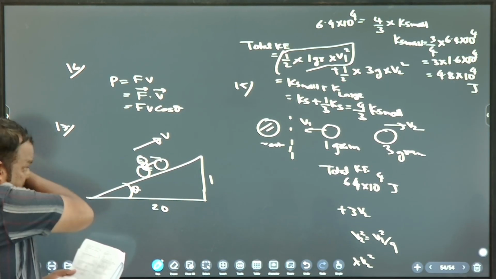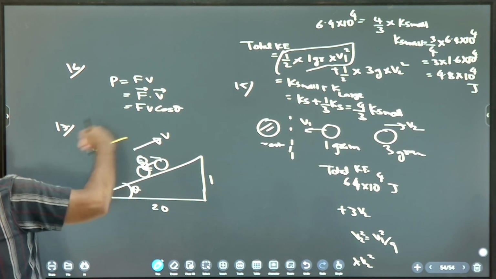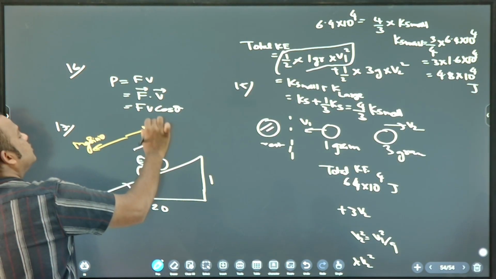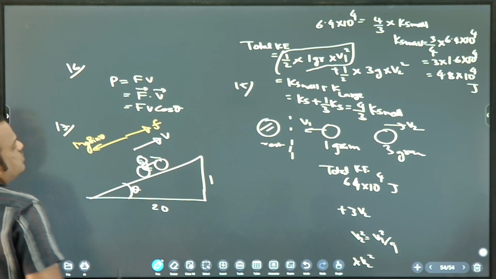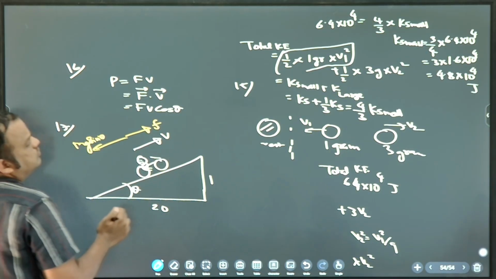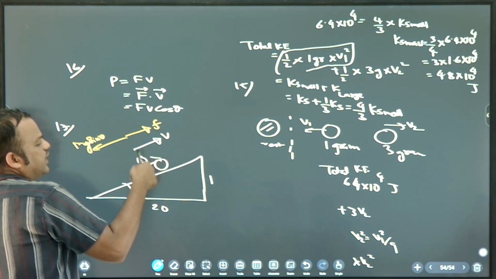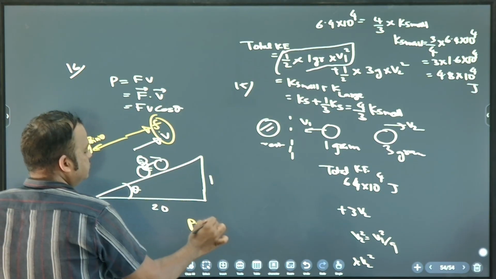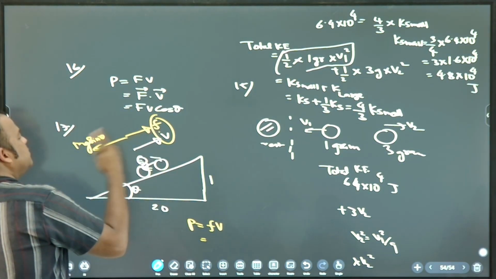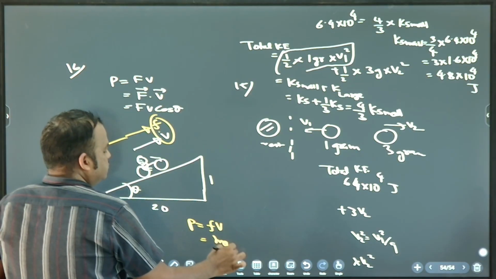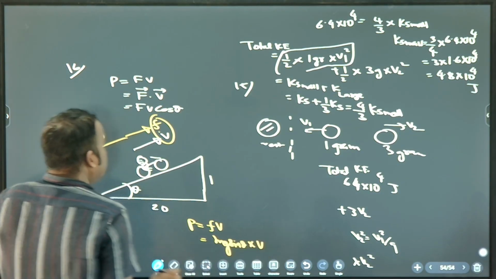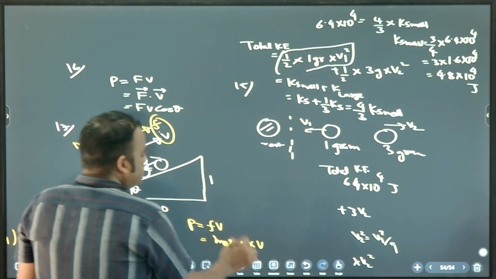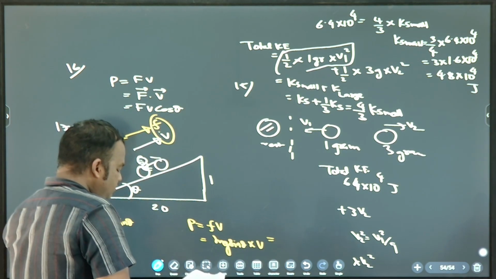So what is down the plane? What is the force? mg sin theta. So how much is friction force? So because of this friction, it is going up. Okay, it is pedaling, right? So use this formula. Power is equal to Fv, and friction and mg sin theta are equal. So mg sin theta into V. Write down.